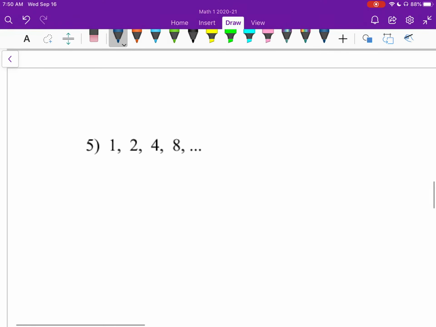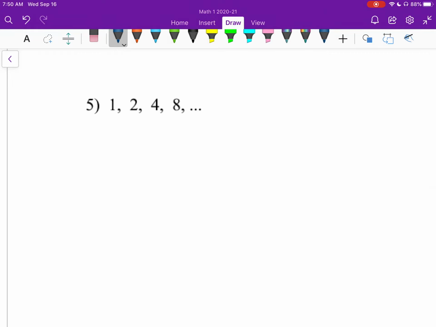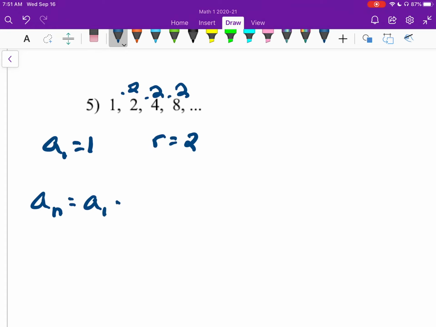Number 5, what are we multiplying by each time? It looks like 2. We multiply by 2 there, 2 there, and 2 there. So A1 is 1, R is 2. I'm going to write down our formula. A sub n equals A1 times R to the n minus 1. If I plug in our pieces of information, we get A sub n equals 1 times 2 to the n minus 1.